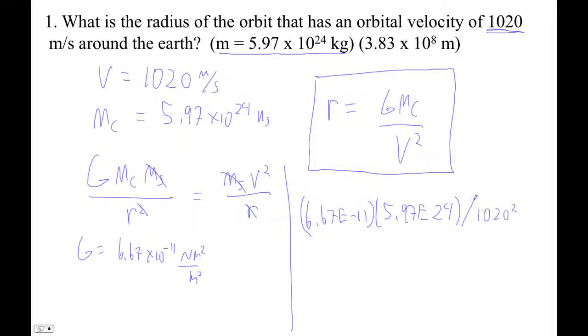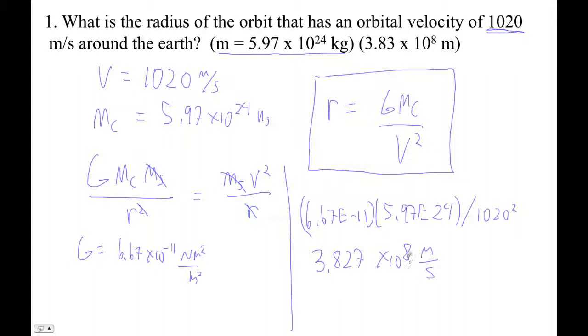Let's see what our calculator says. 6.67 e minus 11 times 5.97 e 24 divided by 1020 squared. And I'm getting 3.827 times 10 to the 8th, which is about 3.83 times 10 to the 8th.